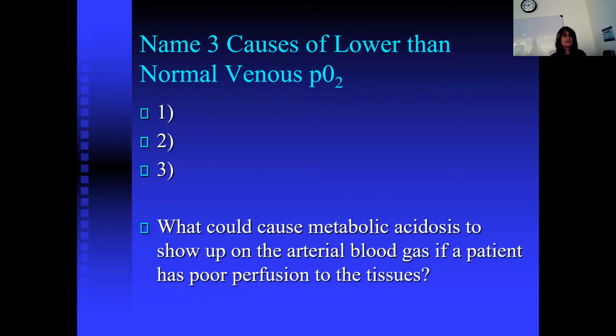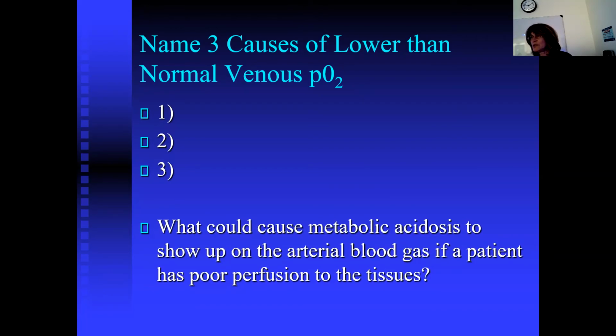Name 3 causes of lower than normal venous oxygen. The first one is poor cardiac output. So does that make sense?